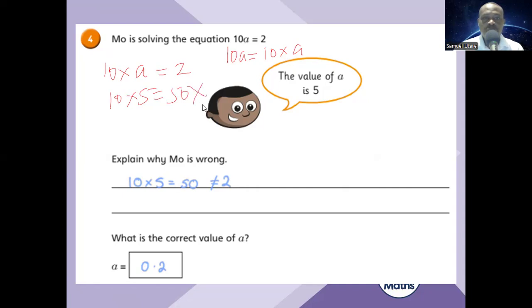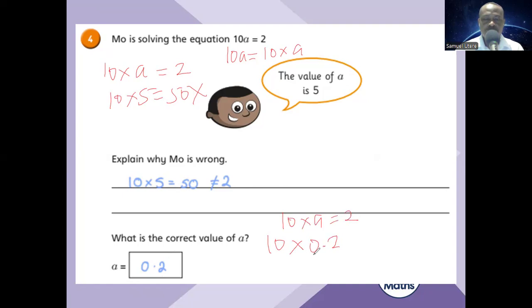So that is another way of checking your equation. If you think you've found the number for the letter, when you put it back into the equation, you should get what you should have. So that's wrong. But with this, then it means the equation is right because 10 times 0.2, remember the equation is 10 times a is equal to 2.